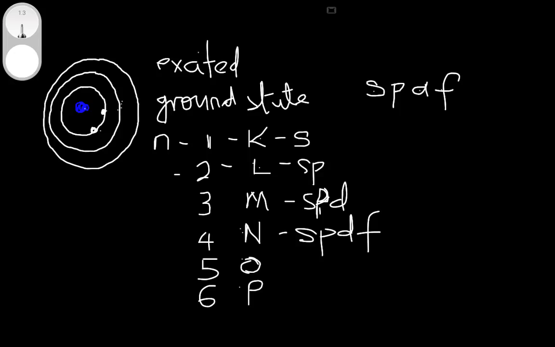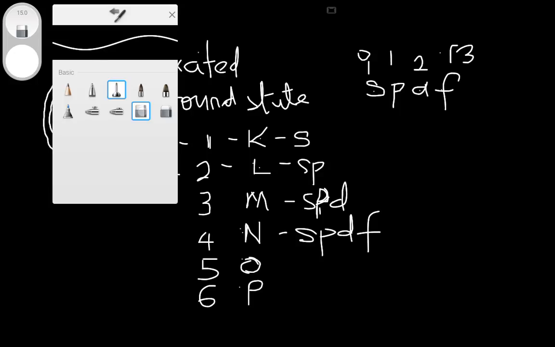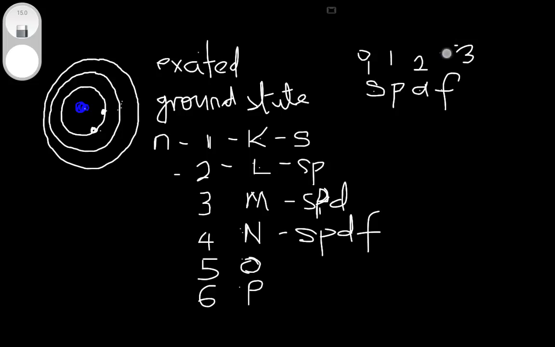We're going to start from 0. So for S, we start from 0, P will be 1, D will be 2, and F will be 3.